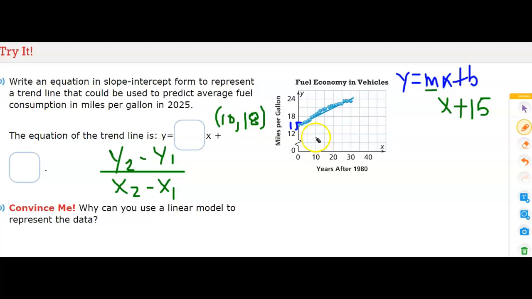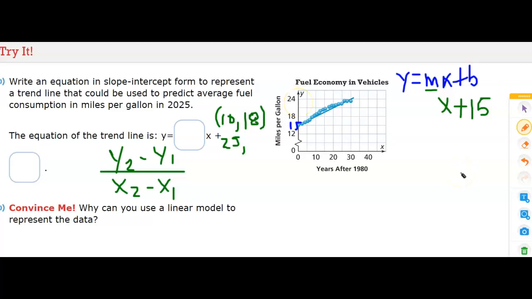Now if I look further along the trend line, let's say I go up a little bit more and I come here, that is going to be 25 as my second x, and my second y would be about halfway between, that'll be another 6, so maybe about 22, 23.